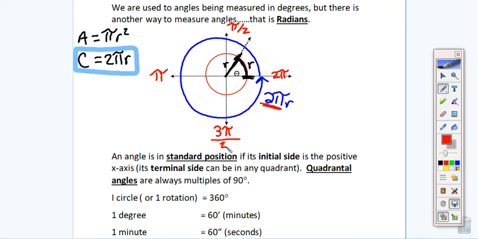I want you to write this down: 2 pi radians. 2 pi radians is equal to one whole revolution in degrees, please. 2 pi radians, that's a whole revolution. How many degrees in one whole revolution? 360 degrees. 2 pi radians is 360 degrees, and I spelled that totally wrong.